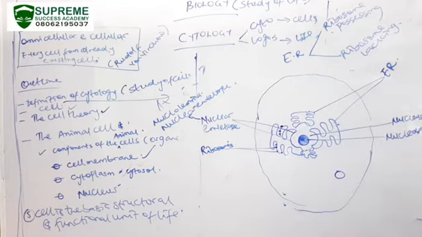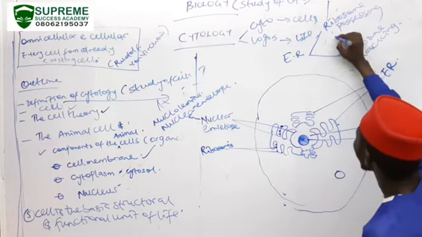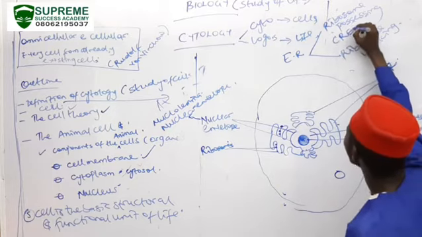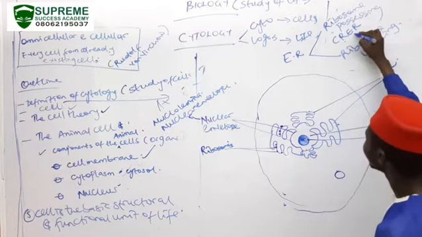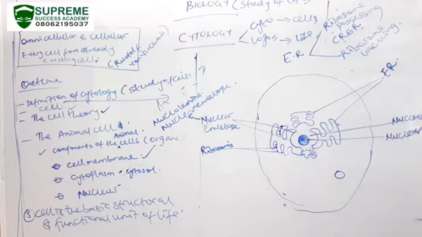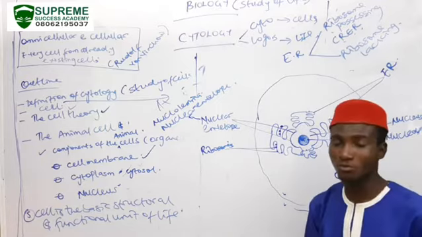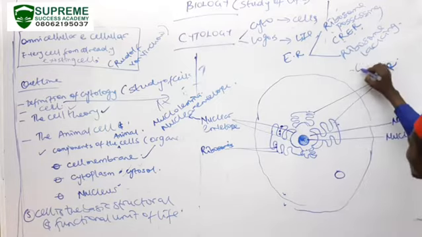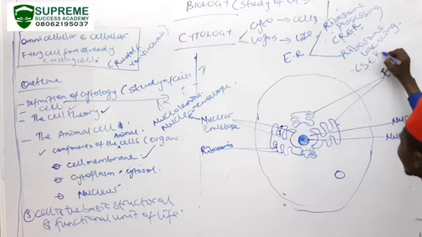When the endoplasmic reticulum possesses ribosomes, it is referred to as rough endoplasmic reticulum, RER. However, when it lacks ribosomes, we call it smooth endoplasmic reticulum.